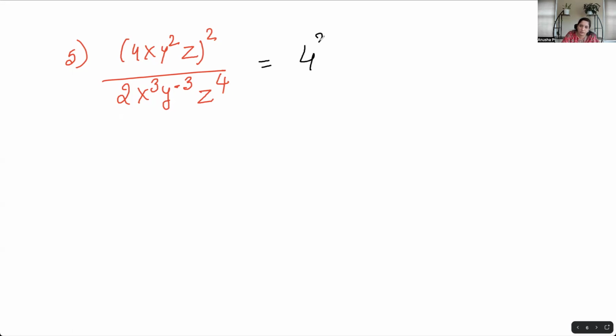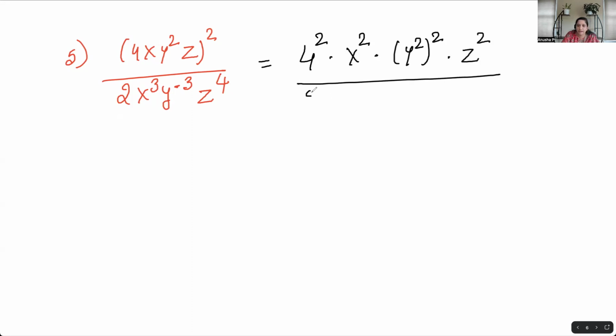So what you will do: 4 to the power of 2 and then x square and then y to the power of 2 whole to the power of 2 and z square, right? Divided by 2 x to the power of 3, y to the power of minus 3 and z to the power of 4. 4 square is nothing but 4 times 4 is 16, and then you put divided by 2.